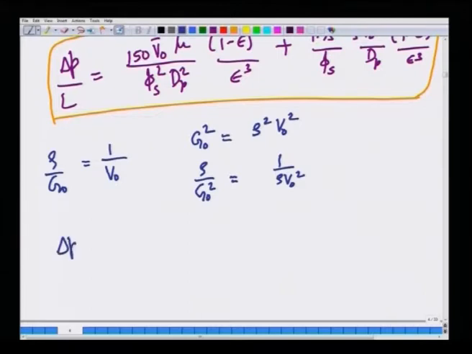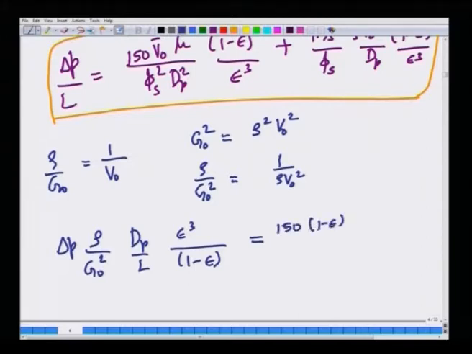So, delta P rho by G naught squared dp by L, times epsilon cubed by (1 minus epsilon), this is a non-dimensional pressure drop, essentially like a friction factor, is 150 times (1 minus epsilon) divided by phi s squared, times dp G naught by mu, plus 1.75 divided by phi s.